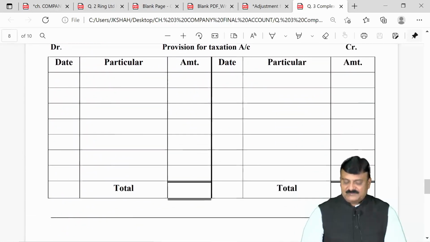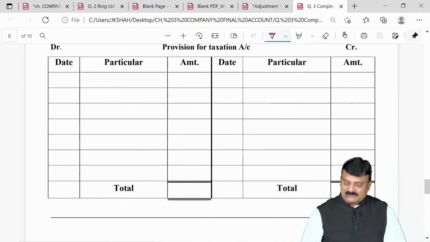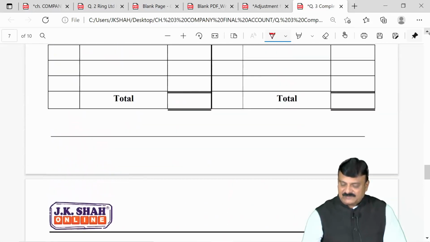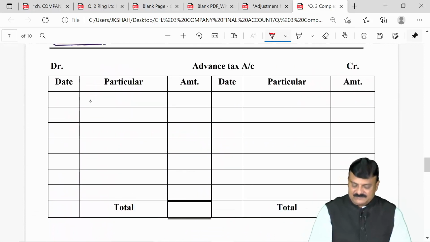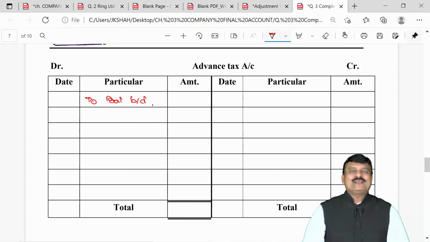And third, provision for taxation account. I told you, provision for taxation will have an opening credit balance, so when you start with provision for taxation, write here by balance brought down. Advance tax will have a debit balance, so we have to write it here to balance brought down. So do consider this question as a very unique variety.